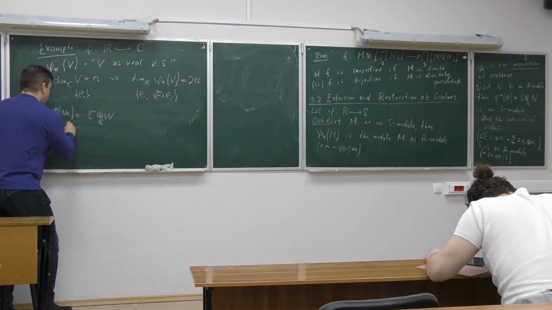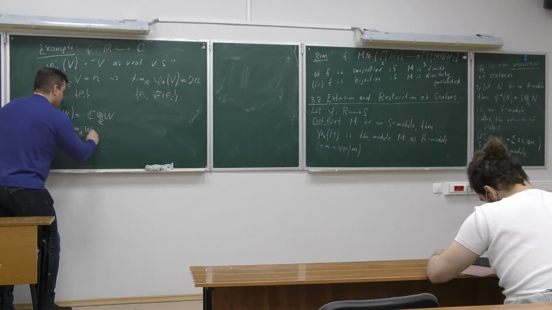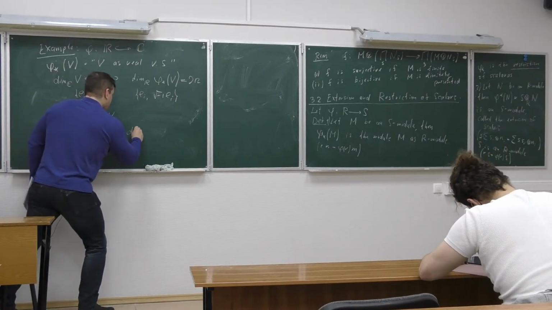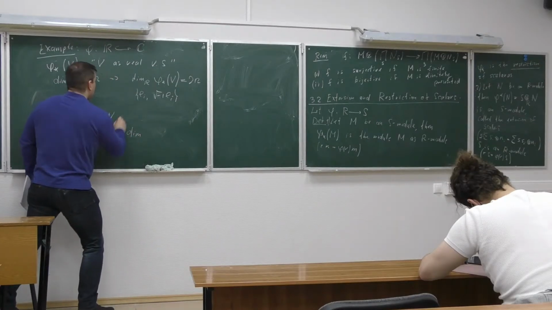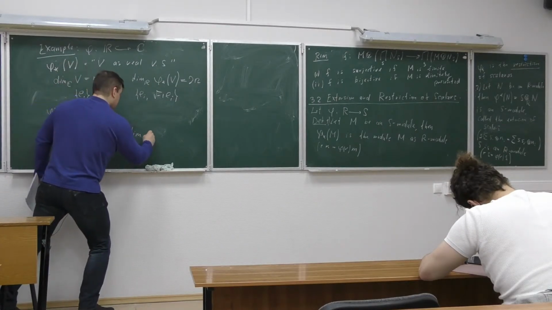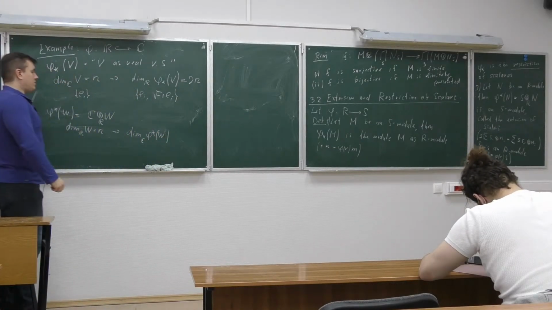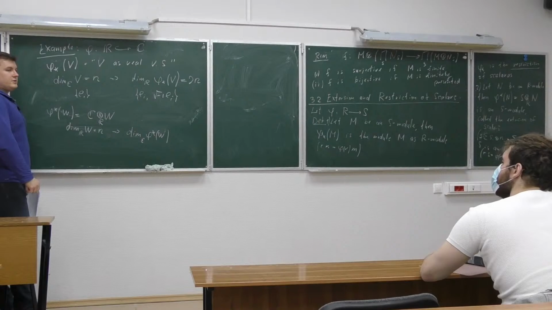And let's do the same observation. Suppose the dimension over real numbers of the vector space W is equal to n. What's the dimension of the extension of scalars of W over complex numbers?